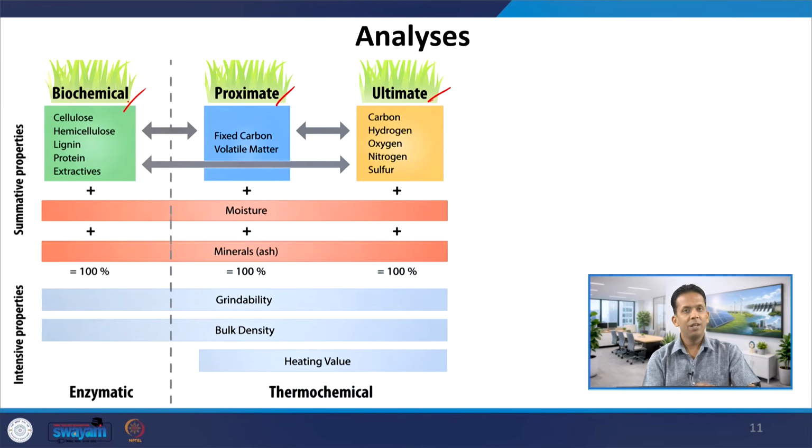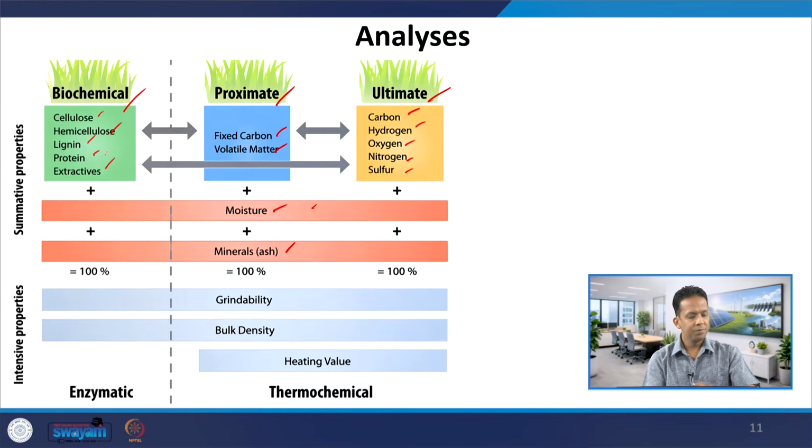Biochemical analysis tells us the fibrous or non-fibrous composition, mainly cellulose, hemicellulose, lignin, protein, extractives. Proximate will tell us fixed carbon and volatile matter, moisture, and ash. Ultimate analysis tells us the elemental analysis, CHNSO, and if it is on a dry basis, then moisture and ash will be taken off.